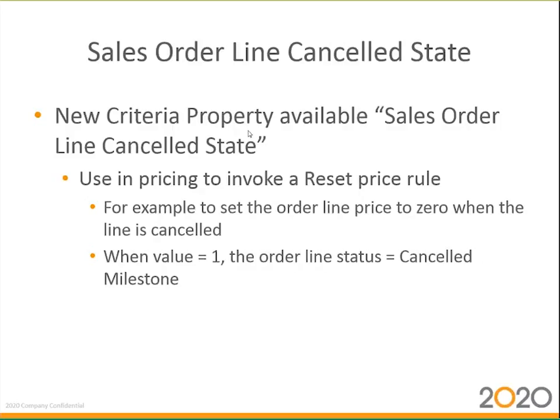That says if the state is equal to 1, then my price equals 0, or whatever you want to do there. So you can reference this criteria property in a price rule as a way to automate making sure that the right things happen with pricing when a line is canceled.